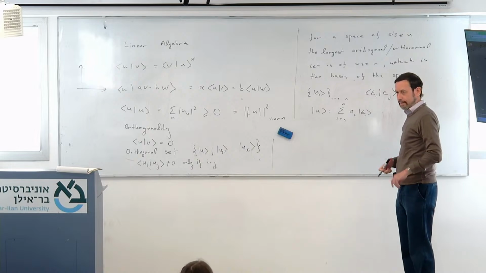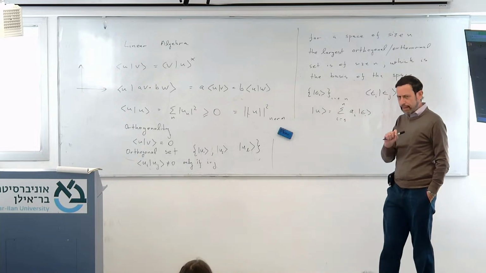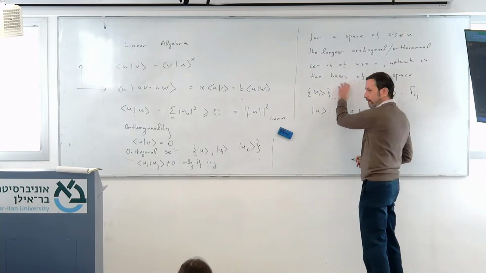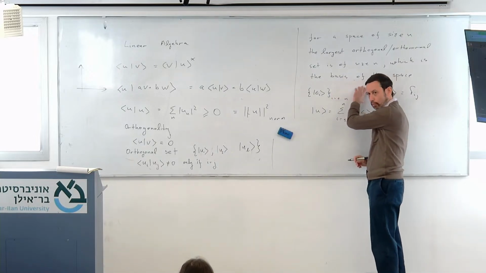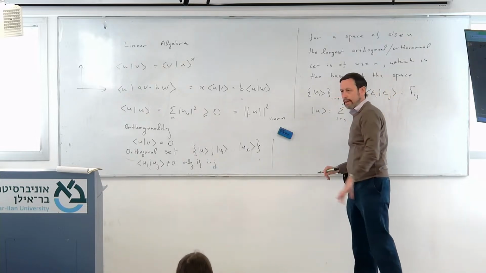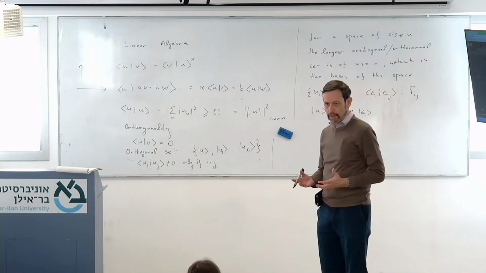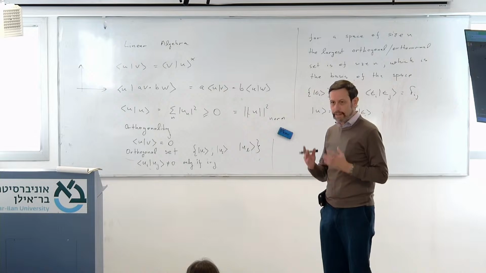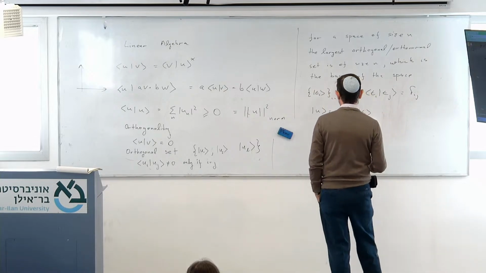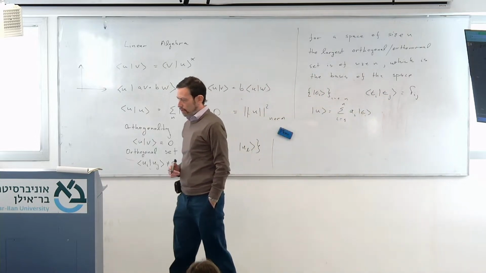So let me define a bit more precisely what I do here. I have a basis. It's orthonormal. That was supplied. Now someone comes with a vector u, and I want to write it in this basis. So the procedure to do it is the following.